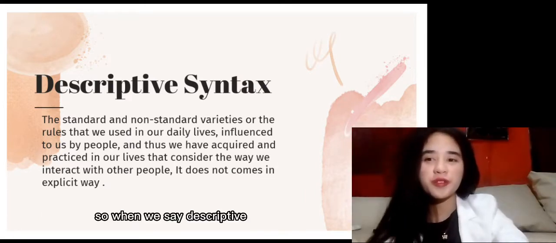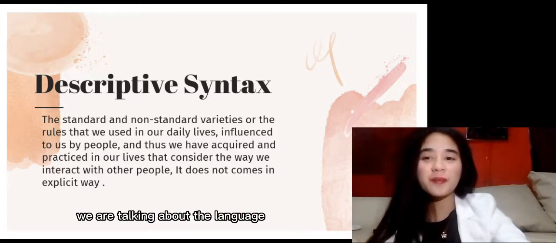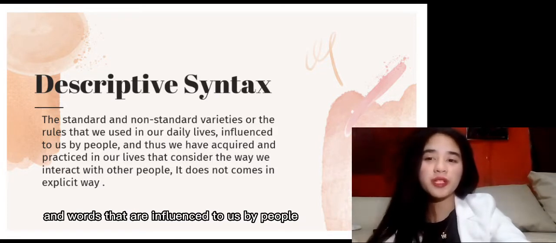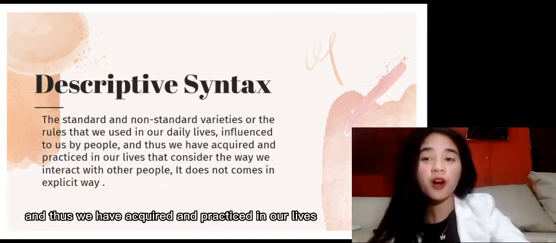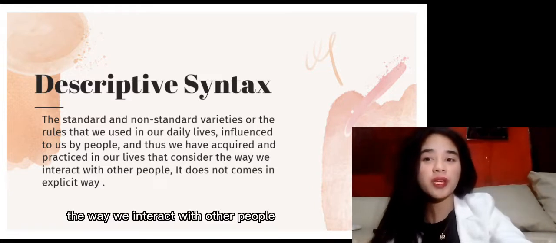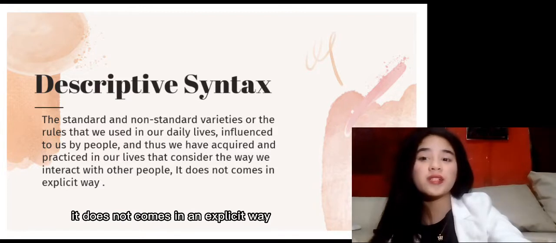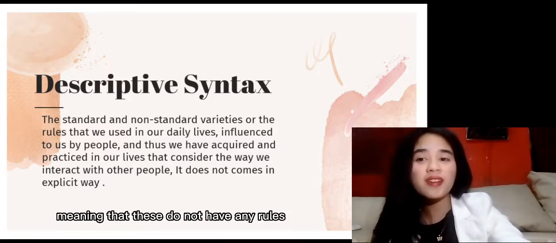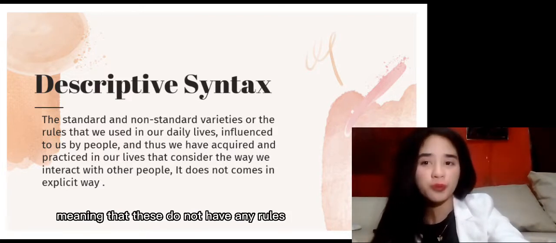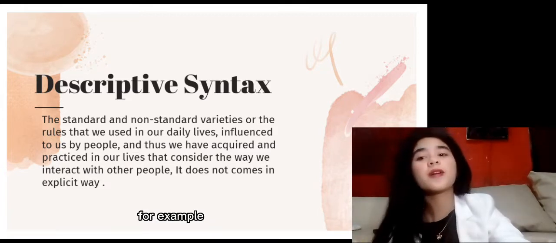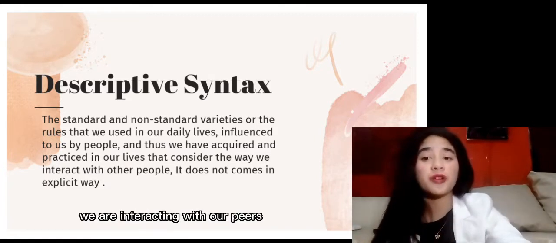So when we say descriptive, we are talking about the language and words that are influenced to us by people, and thus we have acquired and practiced in our lives in the way we interact with other people. It does not come in an explicit way, meaning that these do not have any rules to follow. Say for example, we are interacting with our peers.